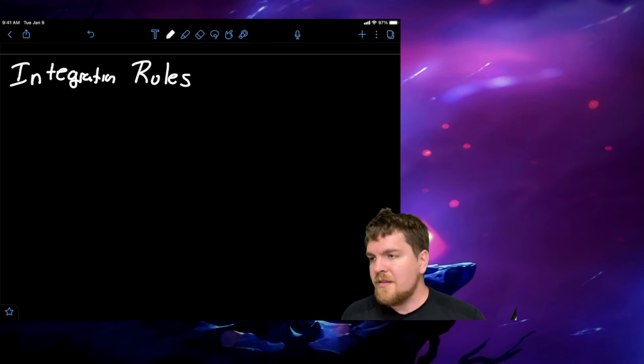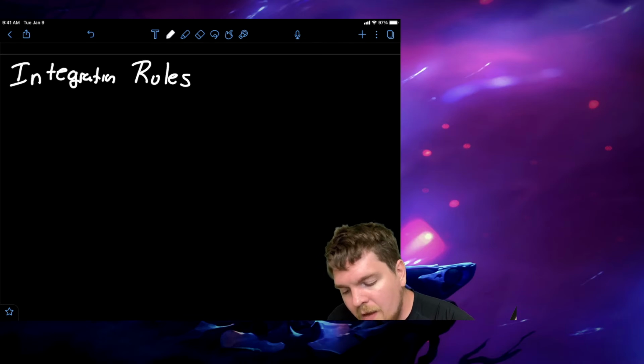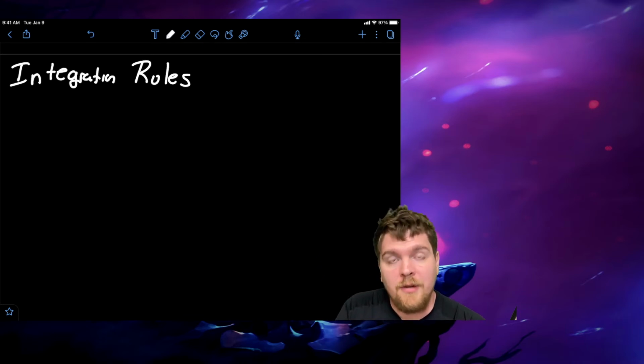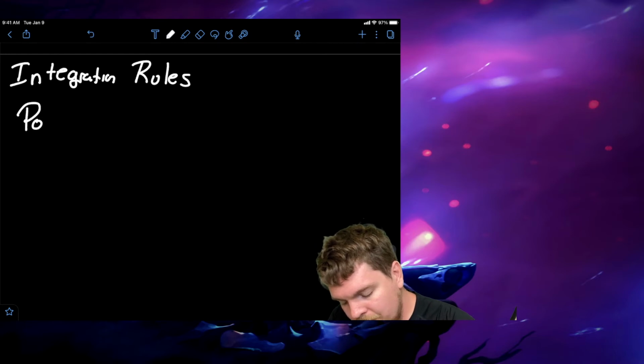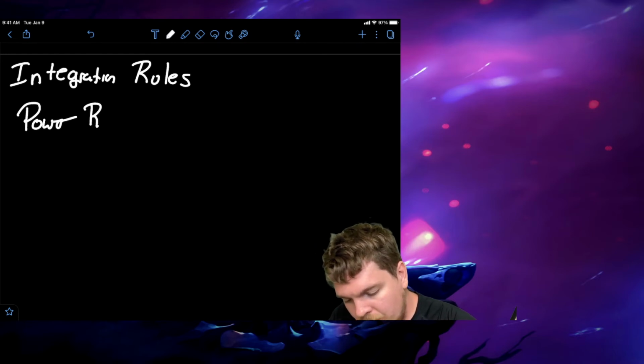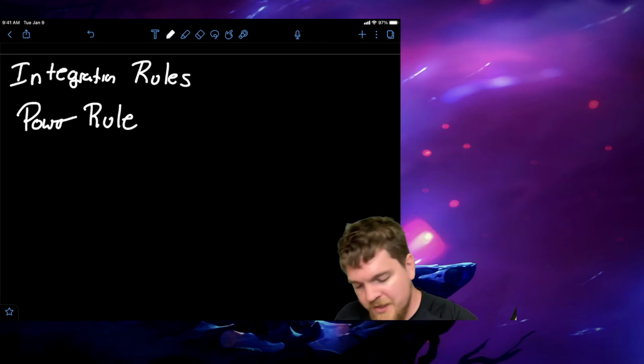And I don't think it's necessarily that the rules themselves are harder. It's just there's usually a little bit more work that has to go into applying the rule. So for instance, one big rule that you have for integration is something called the power rule, which is the exact opposite of the power rule for differentiation.